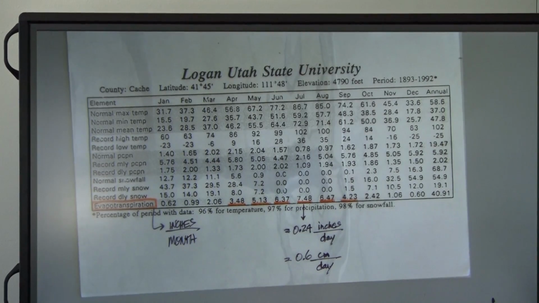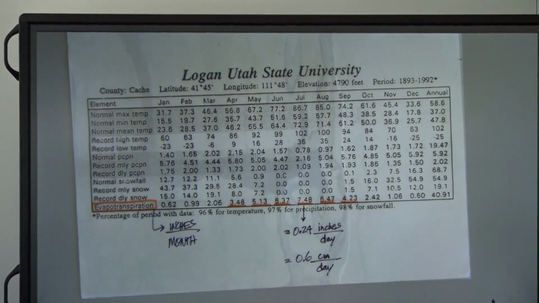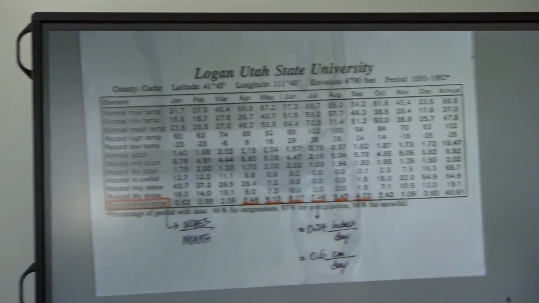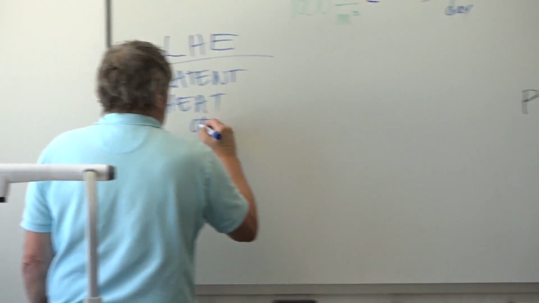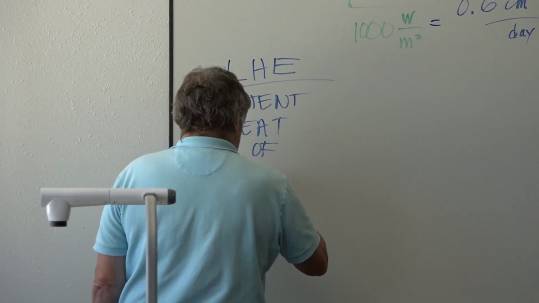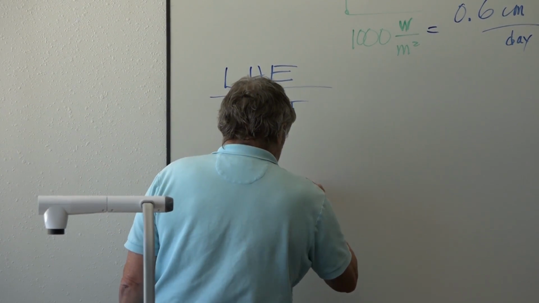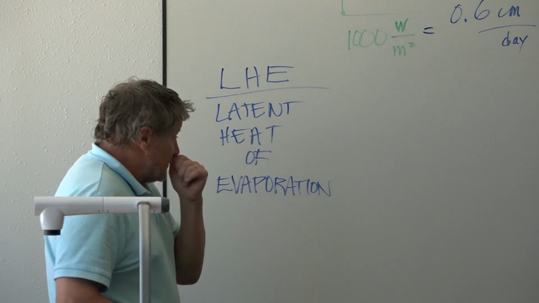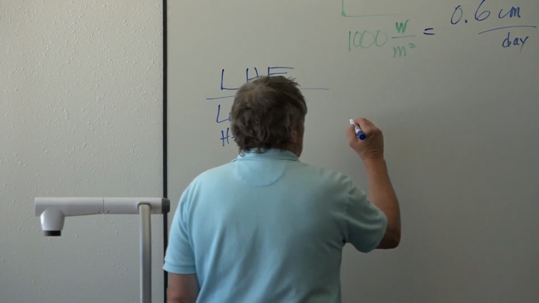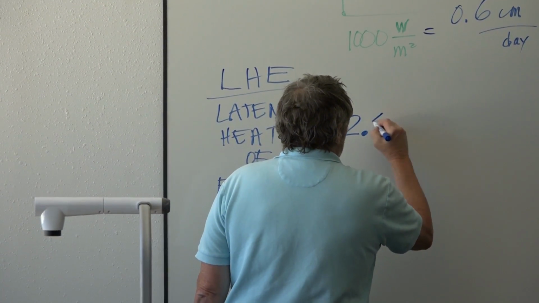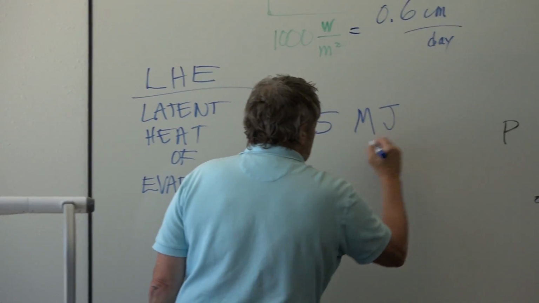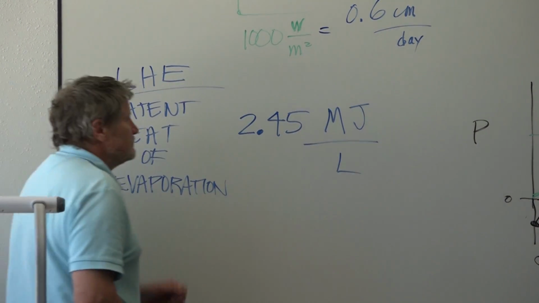LHE, latent heat of evaporation, and I use this number enough I can remember it. 2.45 megajoules per liter.